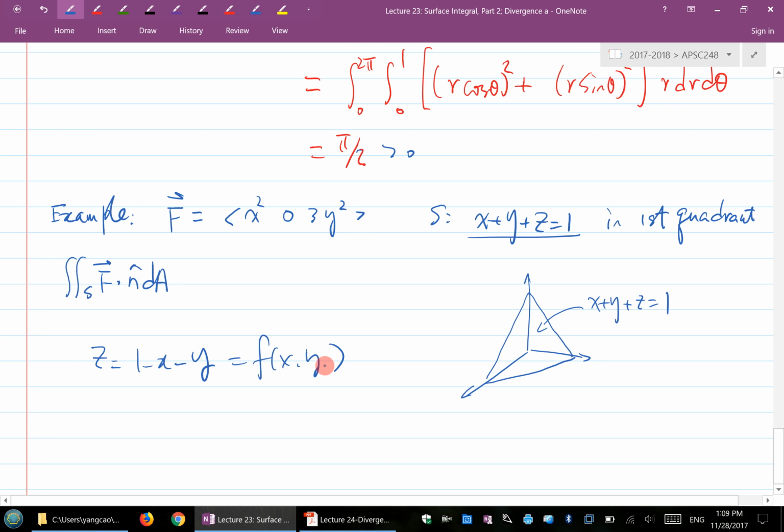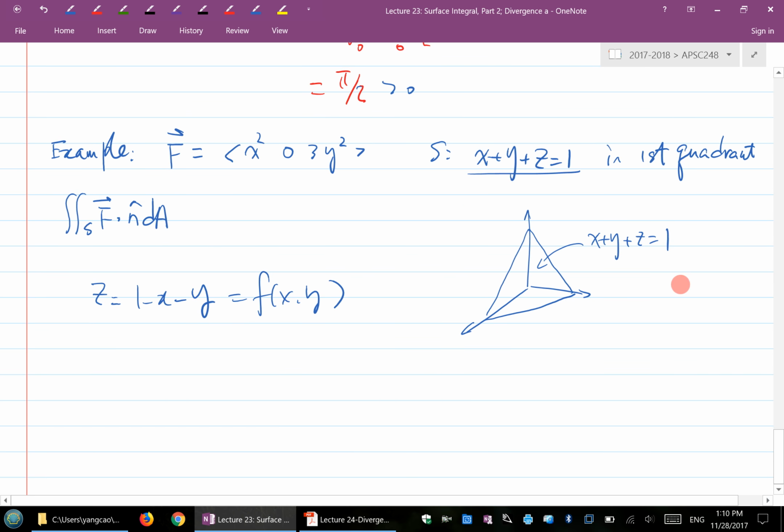And now we can go ahead and calculate this n hat dA. So let's say I still want upward flux. Okay, still upward flux. N hat dA, negative fx, negative fy, and 1 dx dy.